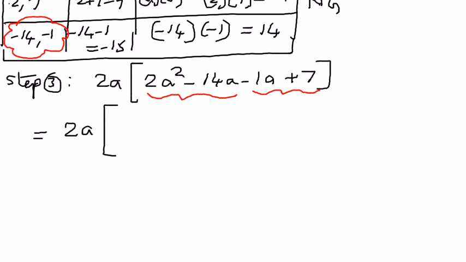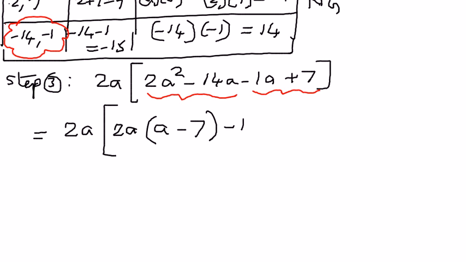2a times, what is common between 2a squared and negative 14a? 2a is common. If I pull out 2a from 2a squared, what is left? a is left. Minus, if I pull out 2a from negative 14a, what is left? Negative 7 is left. Then between negative 1a and positive 7, what is common?